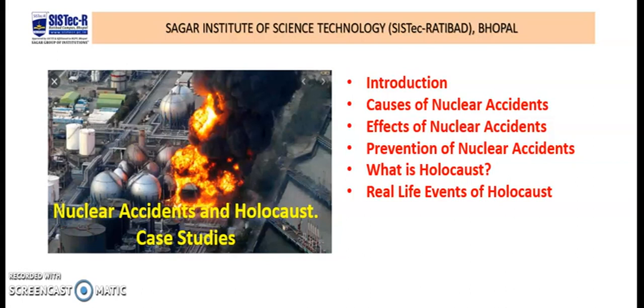A nuclear reactor accident is just a special case scenario of nuclear accidents. In this topic, we will discuss its introduction, causes of nuclear accidents, effects of nuclear accidents, prevention of nuclear accidents, what is Holocaust, and real life events of Holocaust, or we can say case studies.